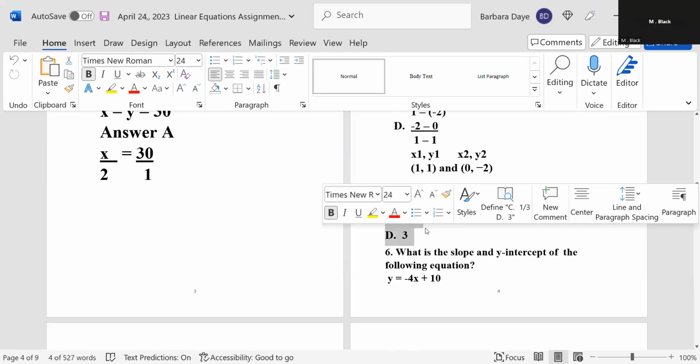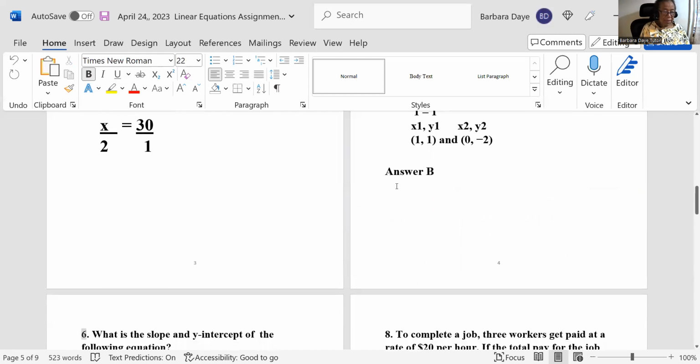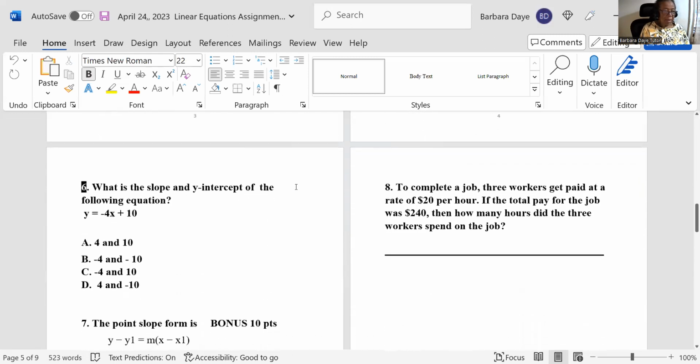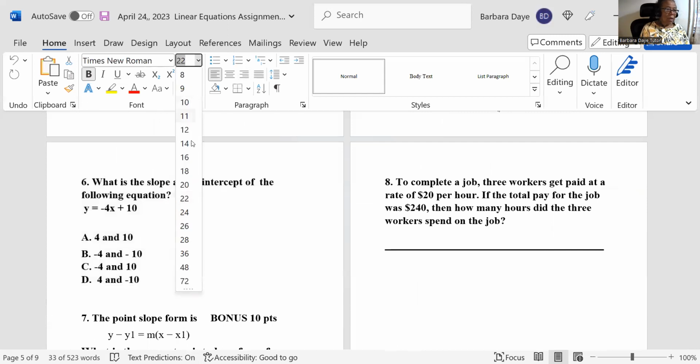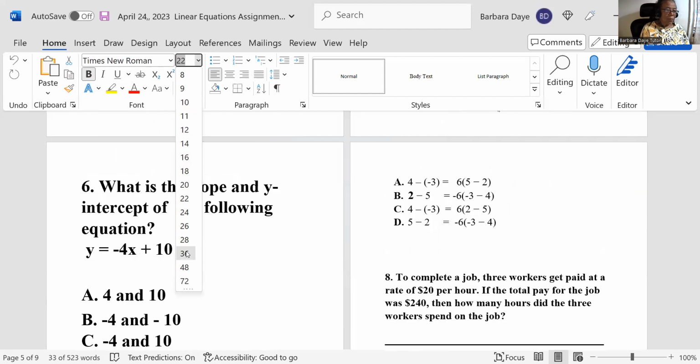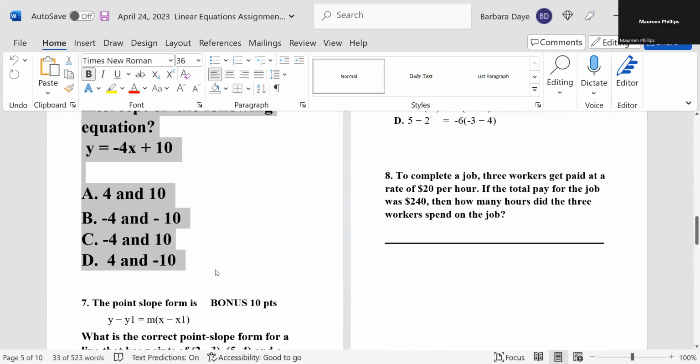Okay, let's go to number 6. Now, we want to find the slope and the Y-intercept. Now, you remember what I told you was the standard slope-intercept formula. You mean like y equals mx plus b?